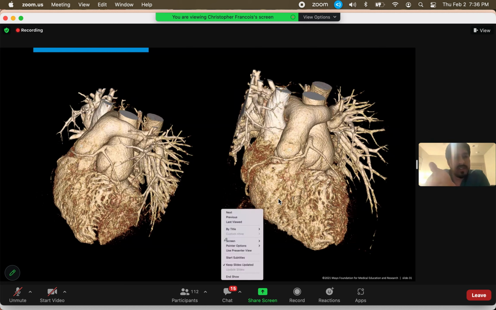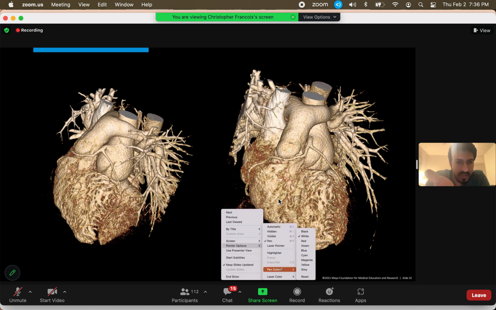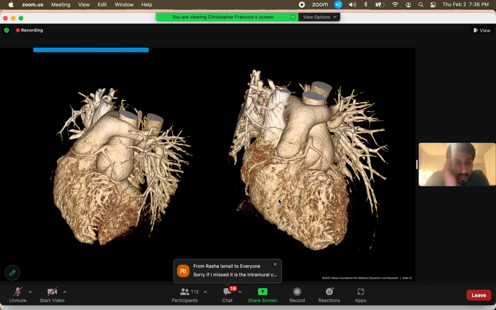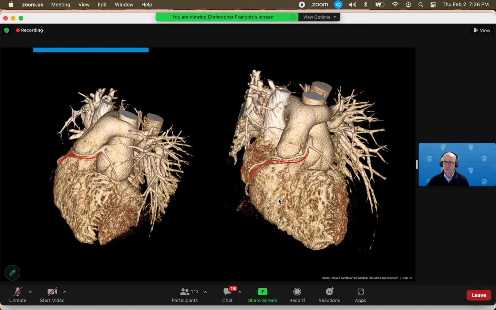I see this vessel that appears to be going anterior to the pulmonary artery. Yeah, this one right here. Can't figure out. So that's a right side. So if that's the AV groove, then that's the RCA, right? Correct.